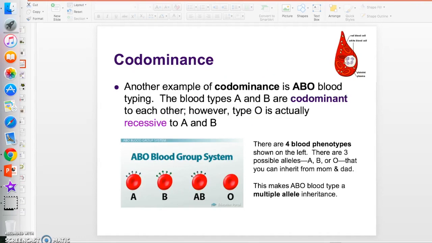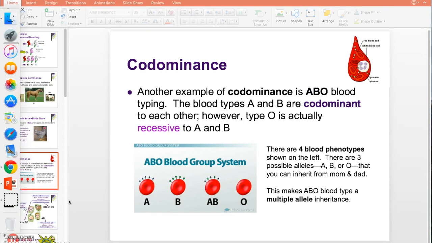There are 4 phenotypes for blood type. A and B are codominant in that if there's an A and a B together showing up, then that is when you will have AB type blood.